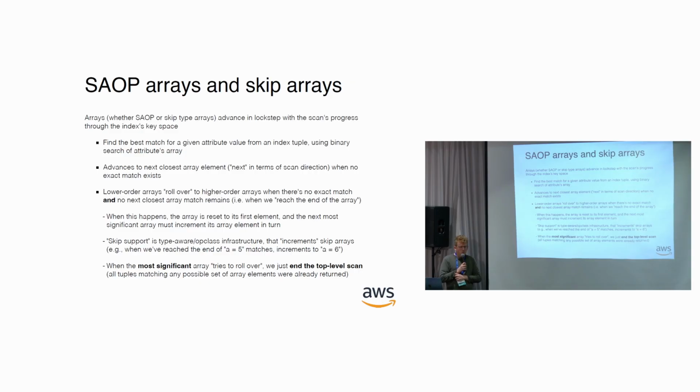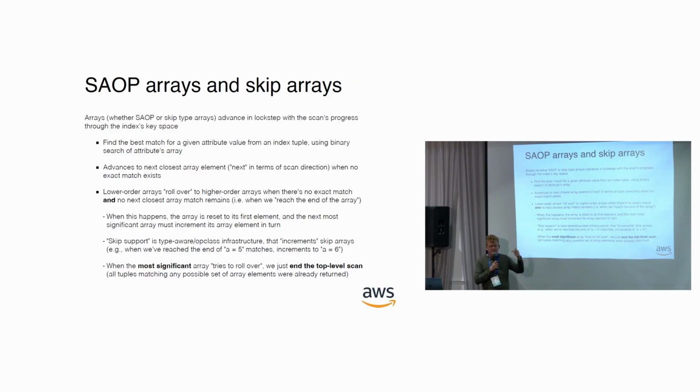Conceptually, we're using something called a skip array, which, like a conventional scalar array op array, is something where, as we scan the index, we advance our current position in the array, and if we find that we are at the end of matches for that element, we advance to the next element. This needs to work in a way that considers the arrays as a group.